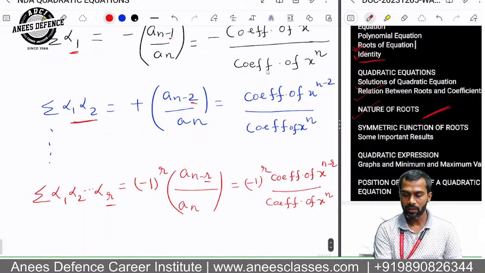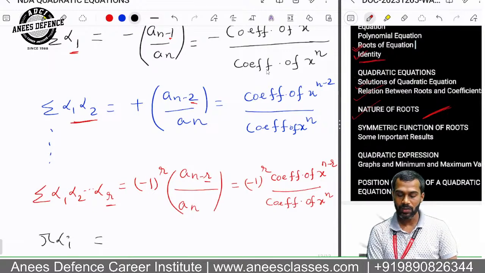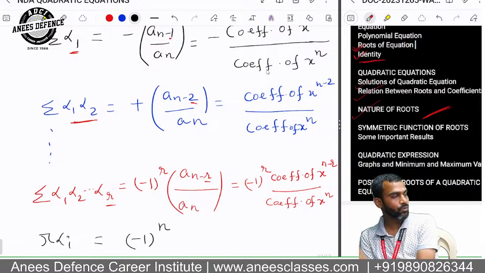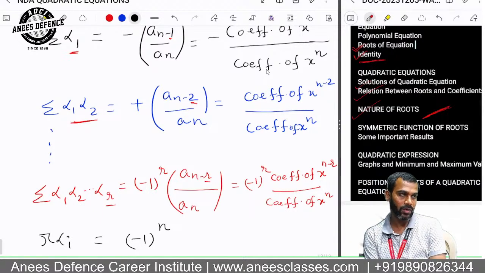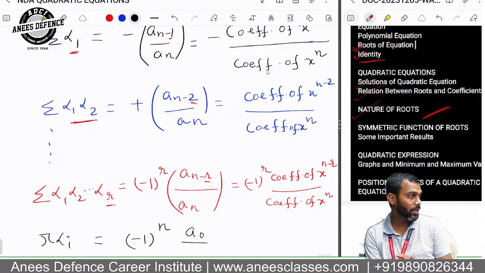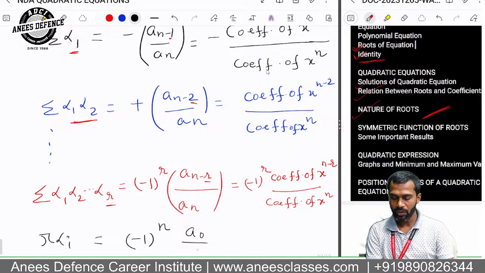Now at the end, pi alpha i. What is the meaning of pi alpha i? I told you yesterday only. Yes, product of all the roots. Again, I have to write minus 1 raised to n. It means alpha 1, alpha 2, alpha 3, up to alpha n basically. Yes or no? So minus 1 raised to n, and that would be equal to a n minus n. This becomes a n minus n, that is a naught. Are you getting or not?